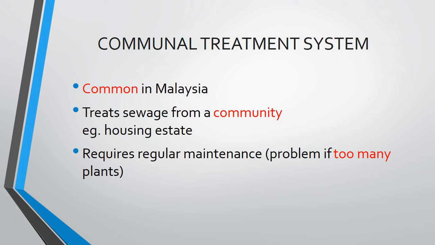For example, for one district like Johor, if we need to construct such systems, maybe we need 10 or 15 plants, or maybe more than this. Let me say for Johor Bahru, we need 10 or 15 for one big city. So that will cause a very high operation cost, and we also need to employ more technicians and more labor.